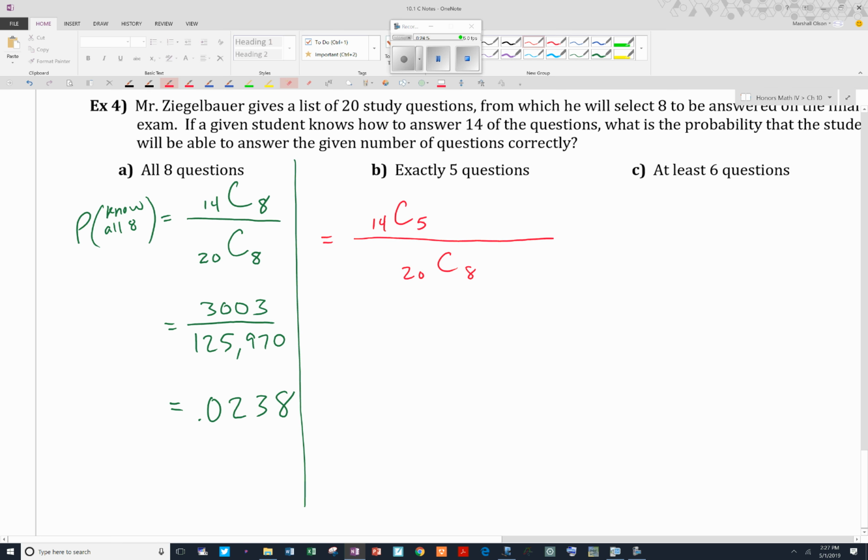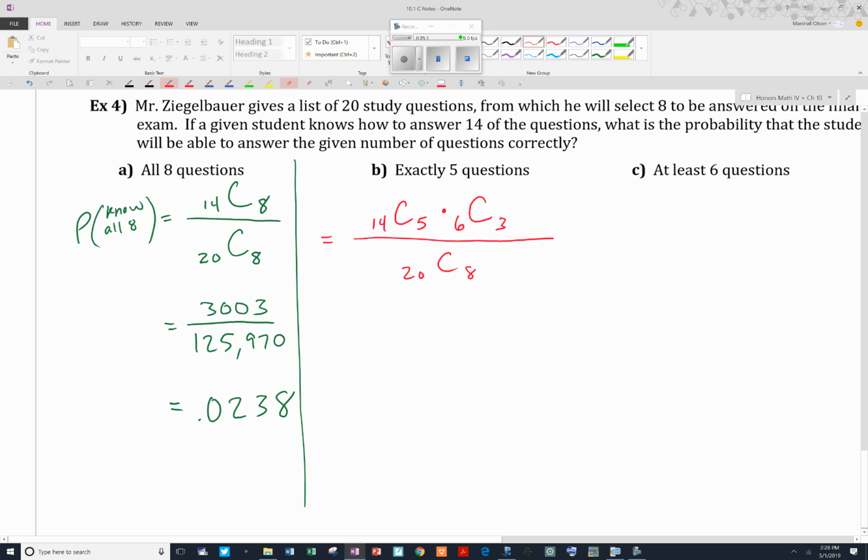But you're not just answering 5 questions correct. You're answering 5 questions correct and, multiply, you are going to answer some questions wrong. How many questions do you not know how to do? I mean total, overall. You don't know how to do 6, right? And we're picking 3 out of those 6.